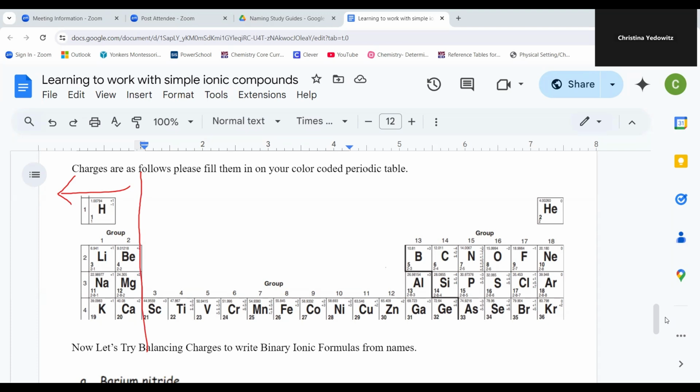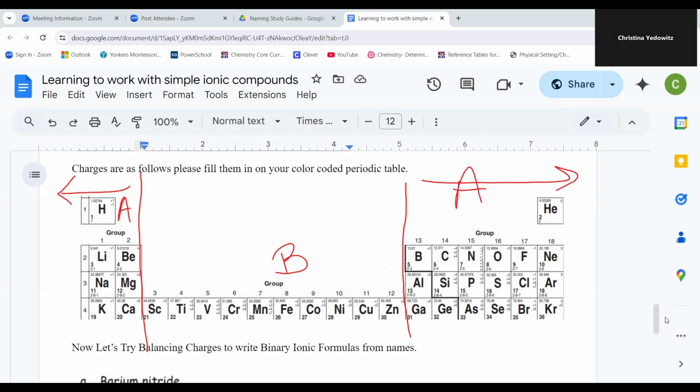You have some weird numbering going on where these are called the A elements and these are called the B elements. And the reason for that is because the A elements are considered what we call main group elements, and the B elements are not. Okay, so all that means is these are the A elements, these are my main group elements.